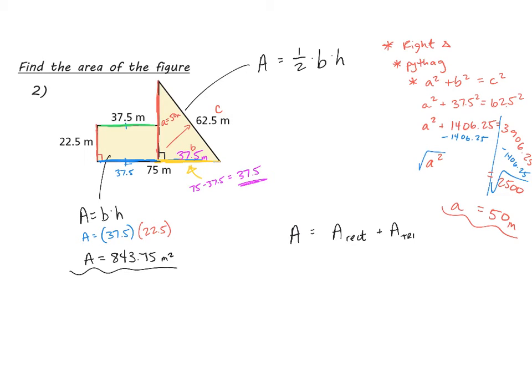So 1/2, my base was 37.5, and my height is 50. So the area of my triangle, after multiplying all those numbers together, I get 937.5. Cool. So now I know that to find the area of my composite, I'll just add those two areas together.